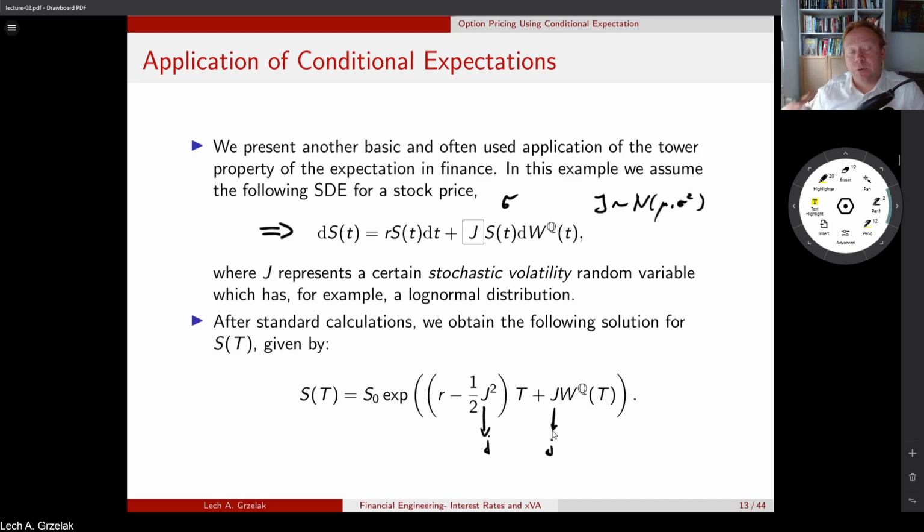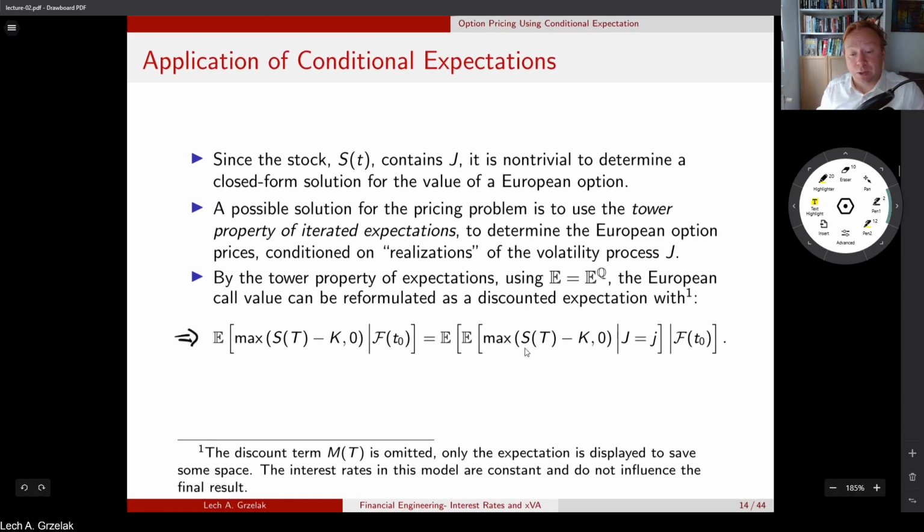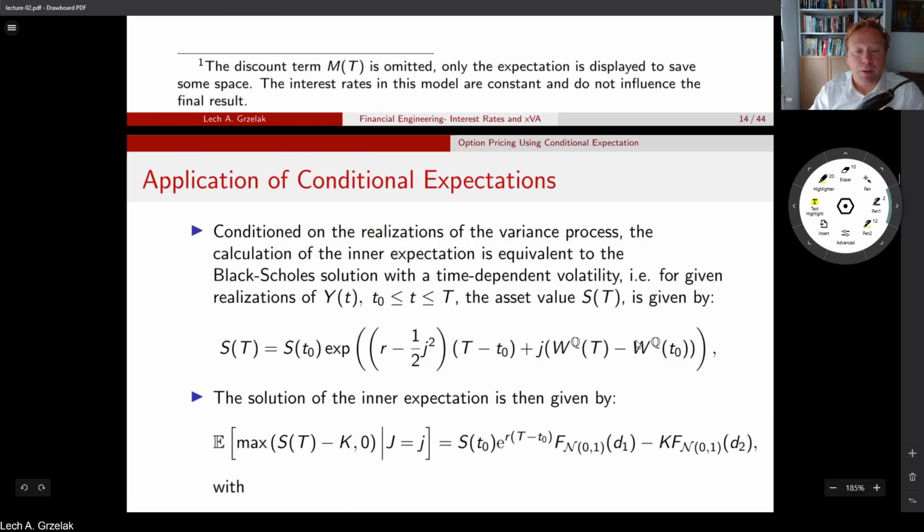Of course, in the outer expectation, we will sample from J, pick each individual j, and plug it into this pricing equation. So the inner expectation, because we have conditioned on a particular realization of J, is just a Black-Scholes formula. However, the outer expectation requires that we still get samples for J, and for each sample we get the Black-Scholes formula.